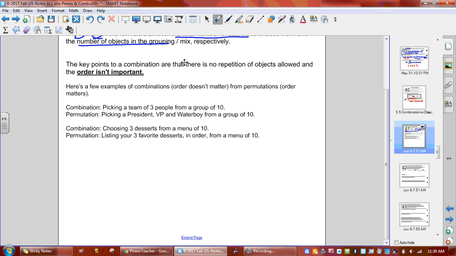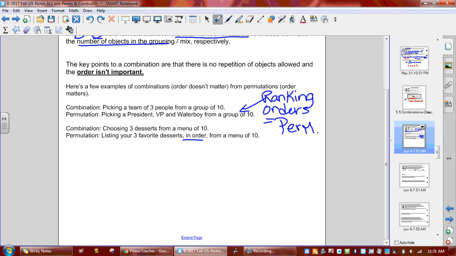So if you've got ranking orders, it's going to be a perm all day long. Again, choosing 3 desserts from a menu that has 10 items, or listing your 3 favorite desserts. Well, your 3 favorite desserts are very specific. And again, it's saying in order. So list your favorites in order from a group of 10. So again, ranking order means it has to be a permutation. Okay? It's a rank.